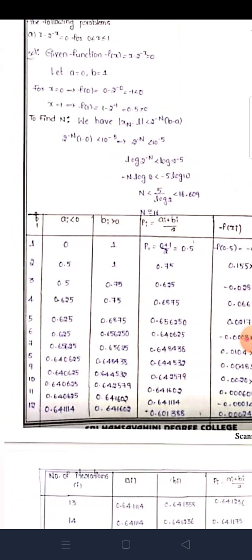Put i equals to 9. a9 is equal to 0.640625. b9 is equal to 0.644532. p9 is equal to 0.642579. f of x9 is equal to 0.0020 greater than 0.